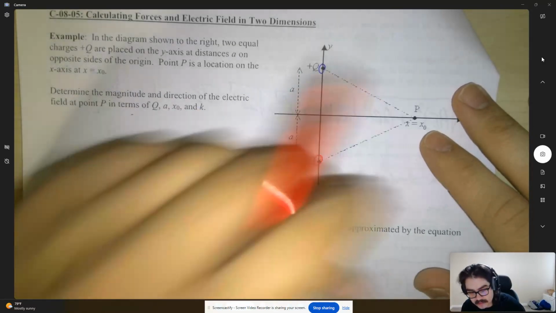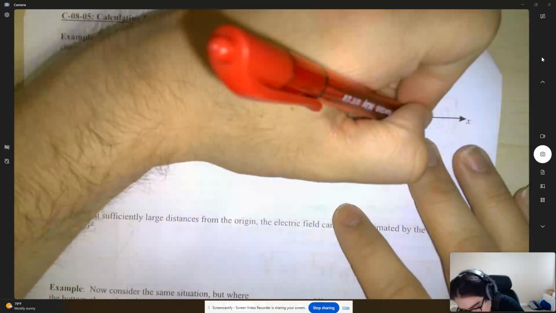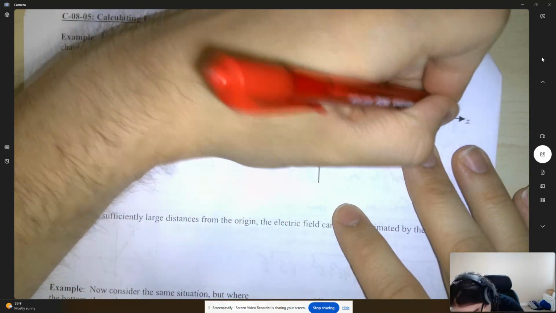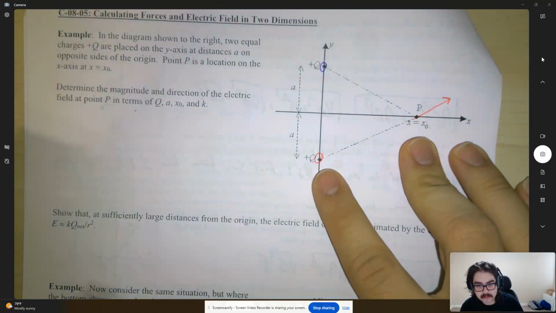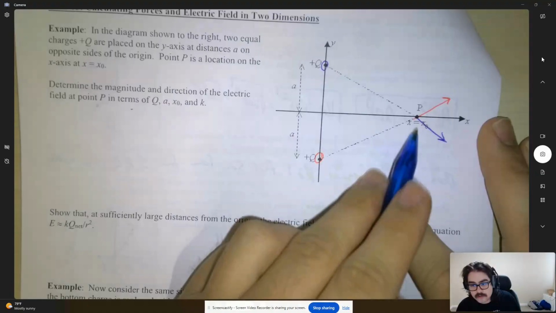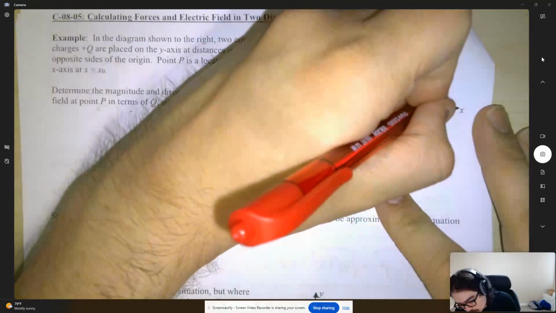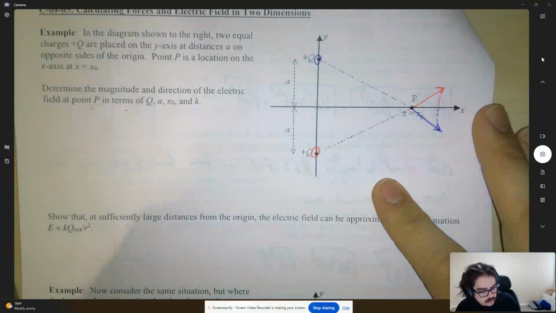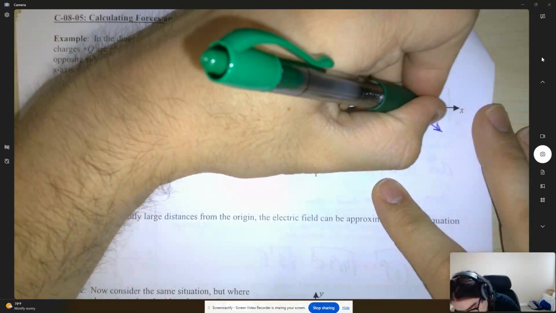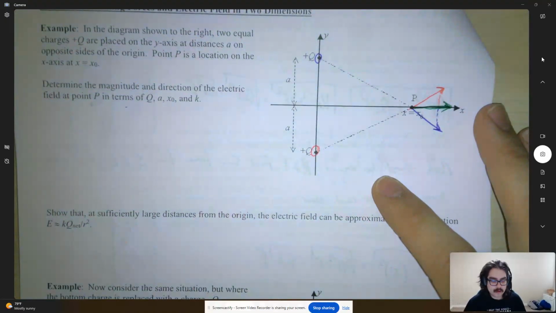So you'll notice that the field that is applied by the lower charge goes up this way, and then this one is going to go this way. Okay, and the vertical components of those two are going to end up canceling each other out. So you're just going to be left with a net horizontal field going straight to the right. Okay.